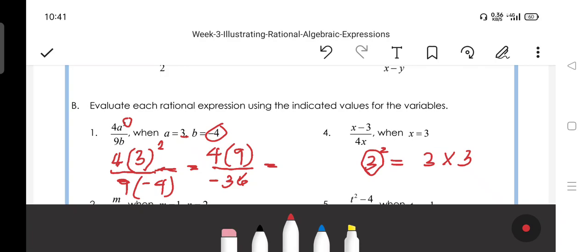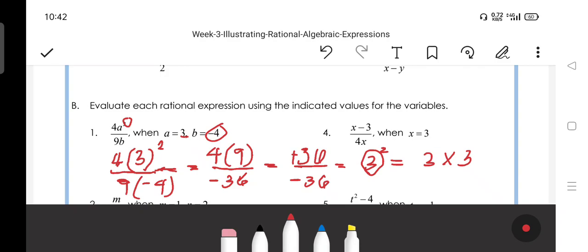Then equals 4 times 9. So we have here 36 over negative 36. And 36 here is positive.